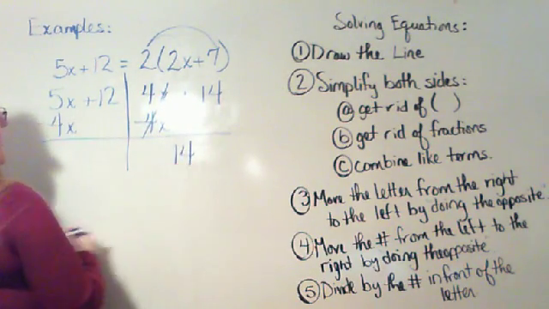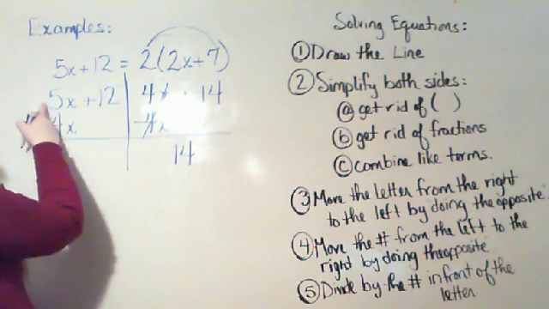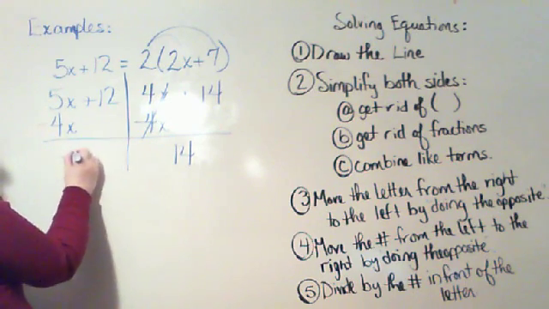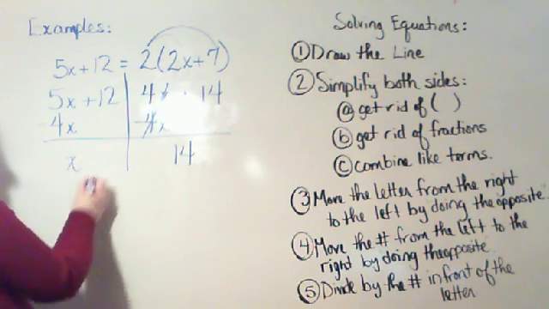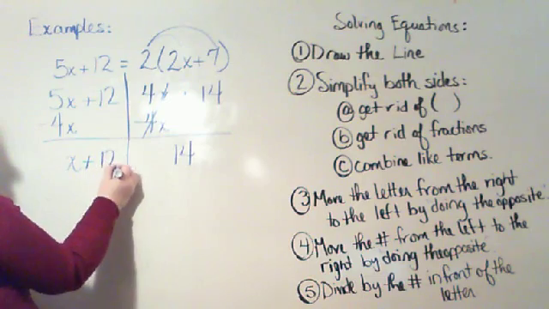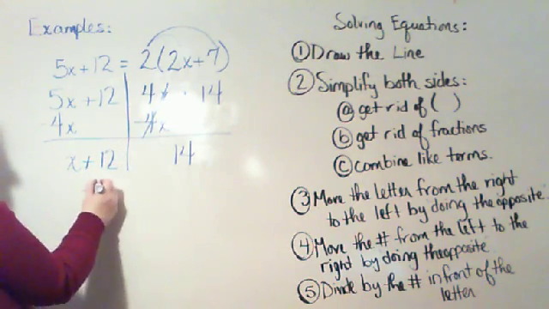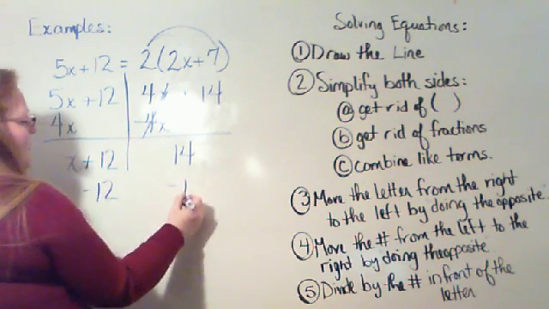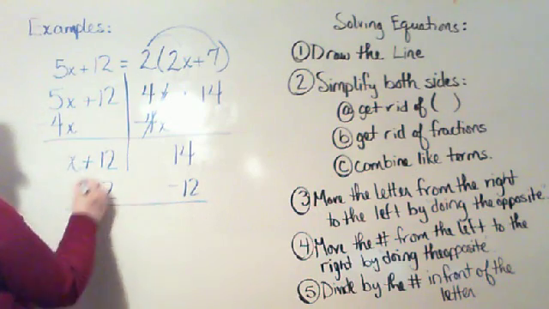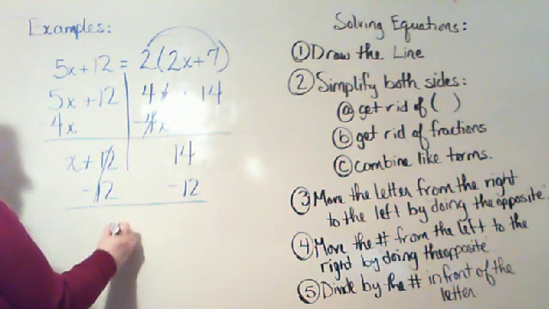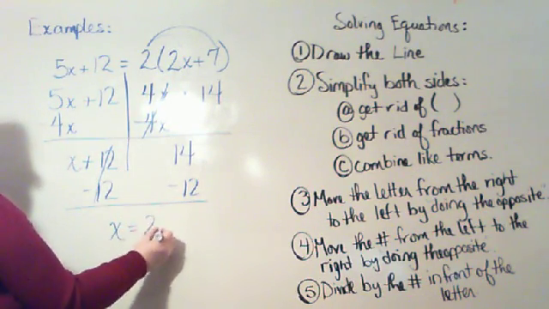Get your 14. 5x minus 4x leaves you just 1x plus 12. Then you should have said minus 12 and minus 12. Got x is equal to 2.